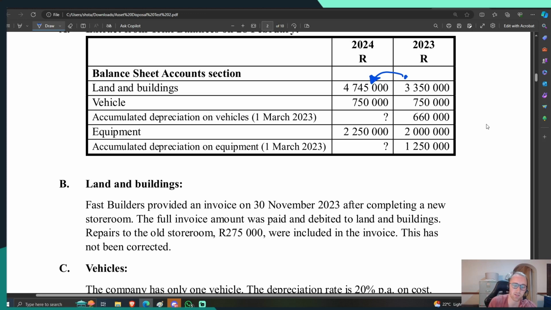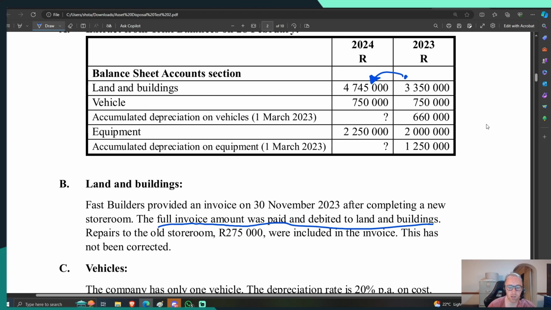However, the full invoice amount was debited to Land and Buildings, which means 275,000 of that amount should not have been debited to Land and Buildings. So we have increased the value of the Land and Buildings by 275,000 too much. Or as we could say, the Land and Buildings amount at the end of the year is 275,000 Rand overstated.